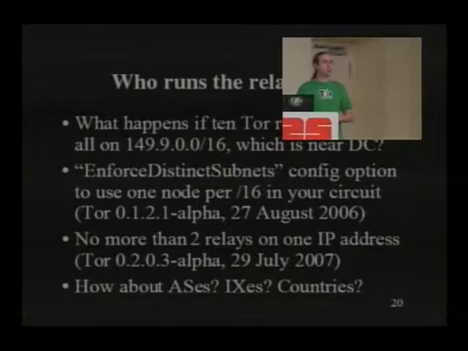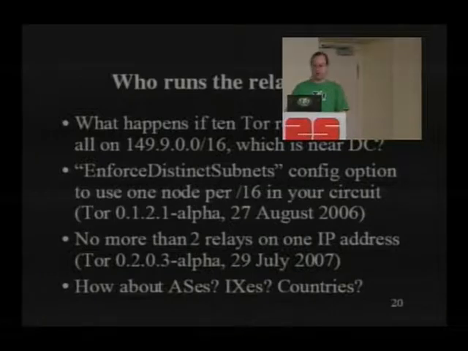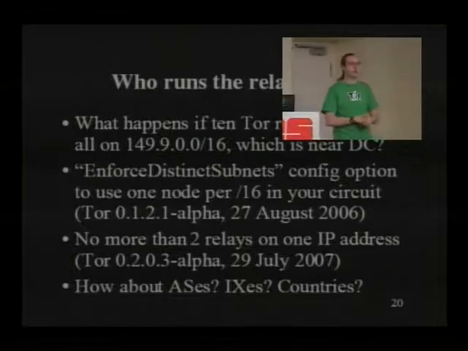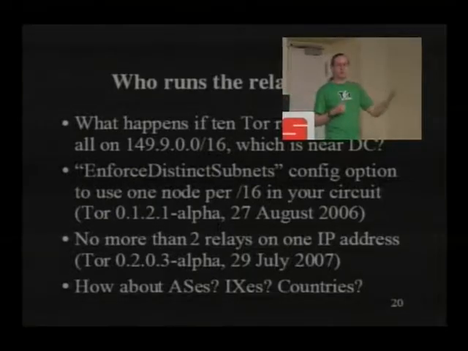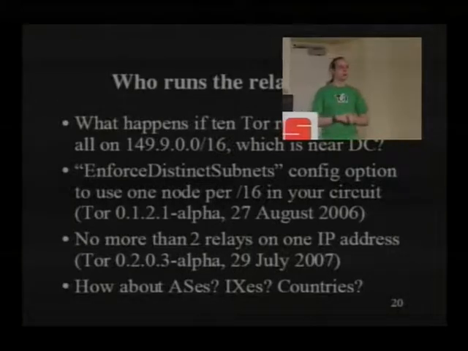So we had another fix, which is no more than 2 relays per IP address. So you at least have to have a bunch of different IP addresses on the network before you can run a lot of different relays and get believed. But what about different autonomous systems? What about different internet exchanges? What about different countries? How do you measure these things? Because looking at the /16 is not good enough. There are plenty of ISPs that have a lot of different /16s all in the same building.